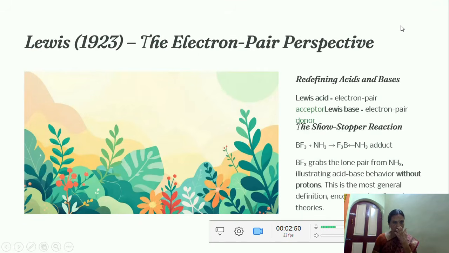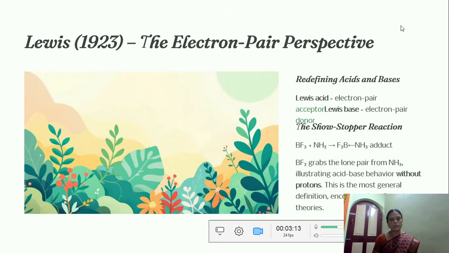The next concept was given by the scientist Lewis, which is based upon electron pair donors and acceptors. According to him, a Lewis acid is a substance that has the capacity to accept a pair of electrons, and a Lewis base is a substance that has the capacity to donate a pair of electrons.